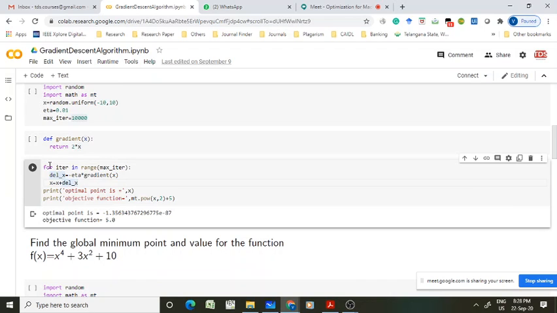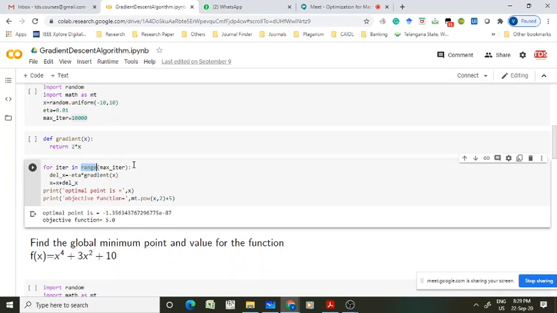Similarly, this is the syntax for the for loop in Python. Iter is a variable. You can use i, a, b, c, whatever it may be. I am using iter as a variable. The words for and in will not change, these are common, but you can change the variable name. For iter in range max iter.